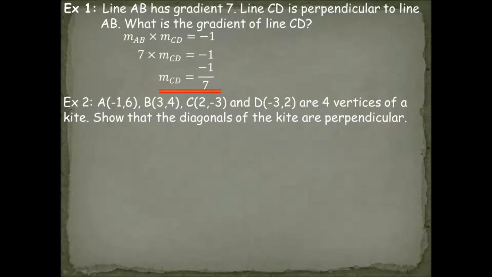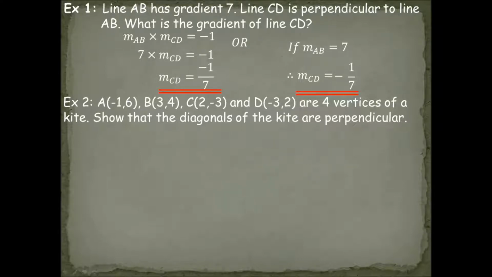It comes out as -1/7. But personally, if mAB is 7, you just make it negative and make it a fraction with 7 on the bottom and 1 on the top. So feel free to do either, but I personally just flip it and make it negative, but make sure you make reference to m1 times m2 equals -1.